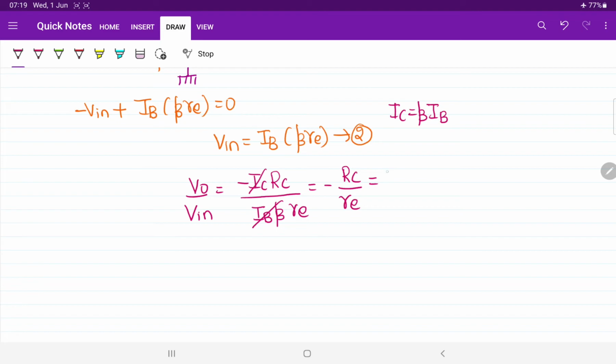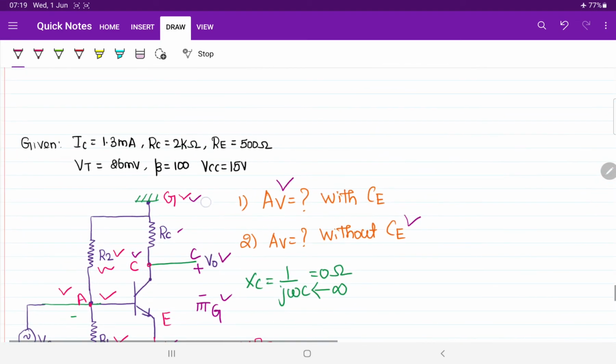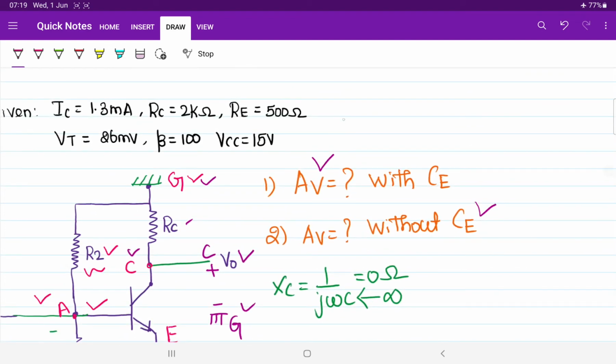Now let us substitute all the values here. Go back to the question. We know how to calculate the value of Re from the question. See, to calculate the value of Re, what is the formula? Re is equal to thermal voltage upon collector current or emitter current. Since the value of collector current is given, directly you can substitute that value because both are approximately equal.